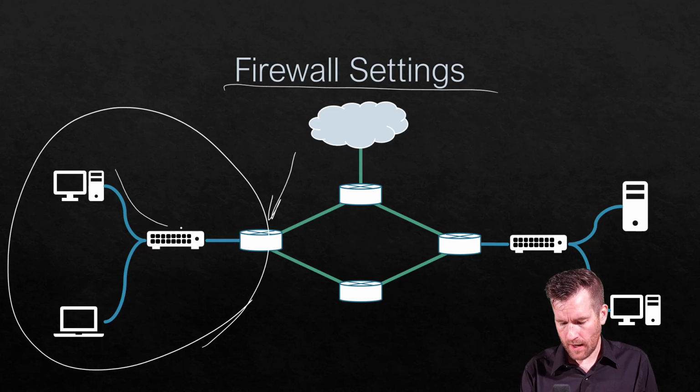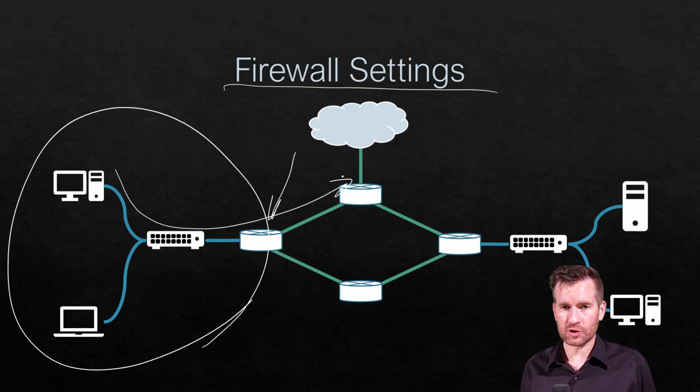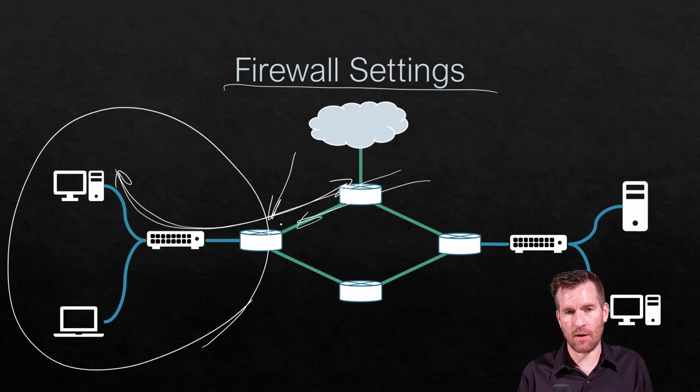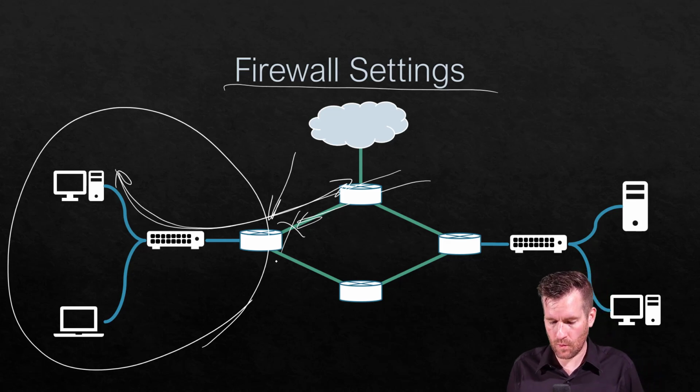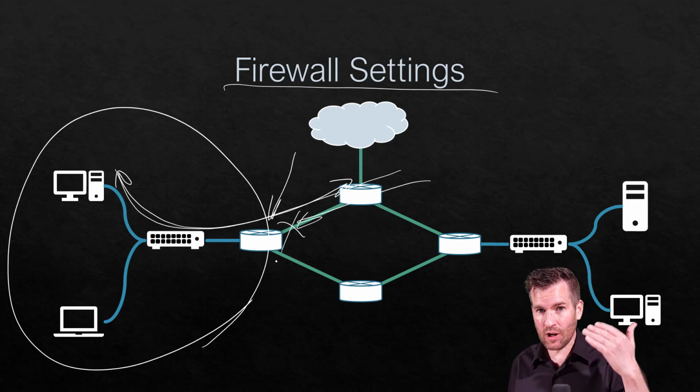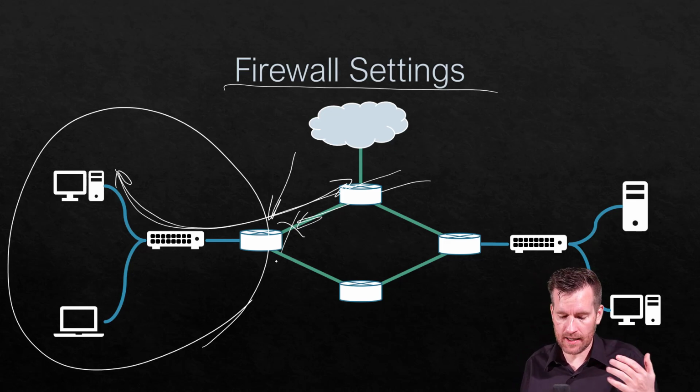Typically, firewalls allow most traffic or certain traffic to get out, and then a response to that traffic to come back in, and then they block most other traffic from getting into your network, so that you have a certain amount of security. But since it is blocking traffic, we could configure it incorrectly and cause a problem.